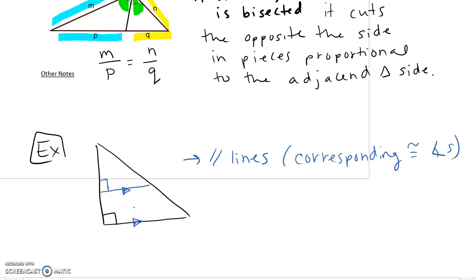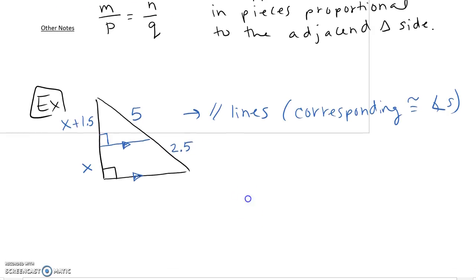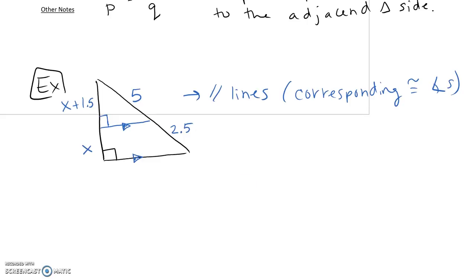So they give us more information than this. They said that the top little section is x plus 1.5, and the bottom on the left is x, and this hypotenuse is 5, and this hypotenuse is 2.5. So to write out our equation, the two parts, it's like x plus 1.5 over x, is the same as 5 over 2.5.